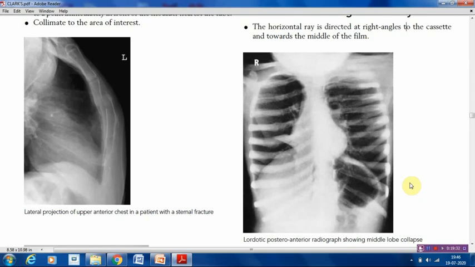Next, radiation protection. It's the most important thing. Try to cover the pelvic area because, as I said in the previous class, the lens of the eye, thyroid and gonads are the most sensitive parts of the human body. That's the most important thing you should remember.